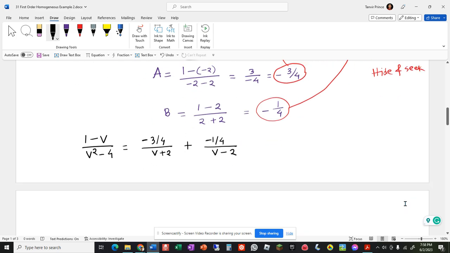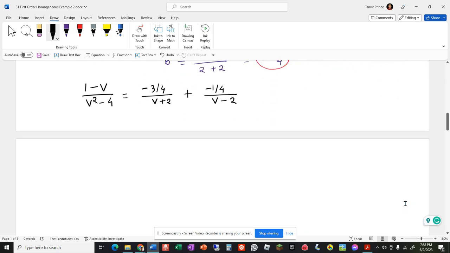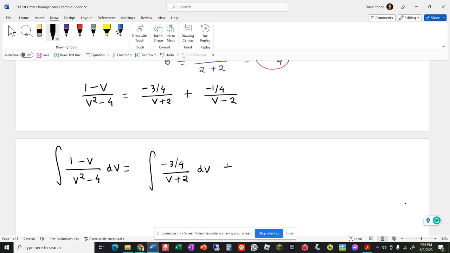Now I can do the integral. I can distribute the integral over the plus sign: the integral of the first term plus the integral of the second term.